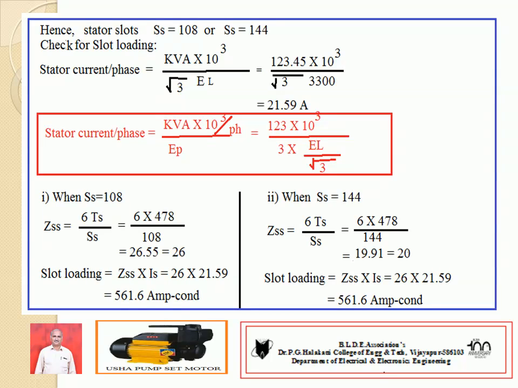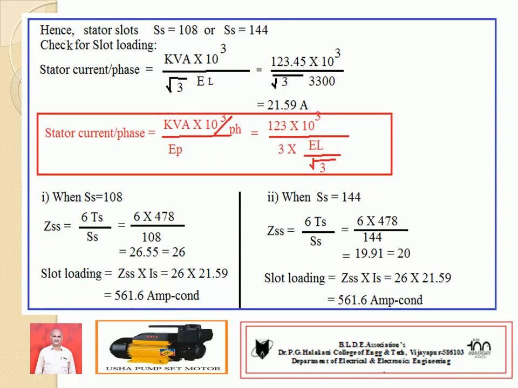Similarly, you can go through the same calculations for 144 slots. ZSS again 6 times TS divided by SS, we are going to get around 20. Then slot loading, you check properly, here it is wrong.